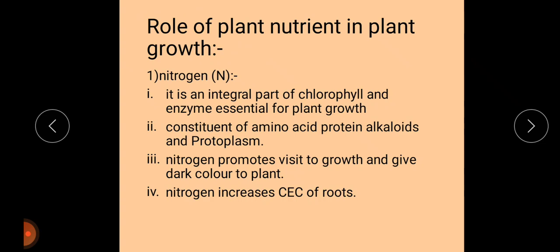These are the important roles nitrogen plays in the plant body.